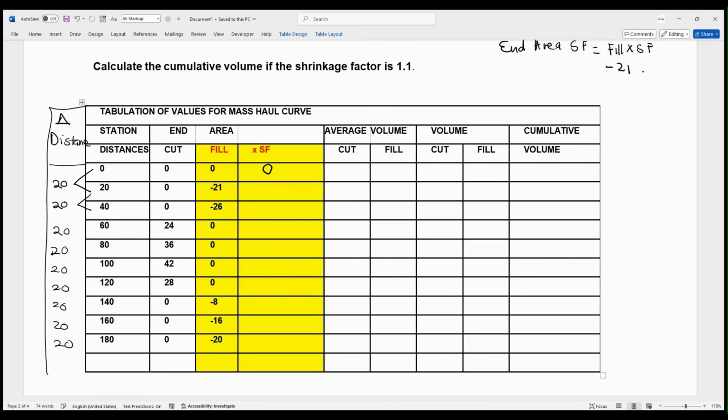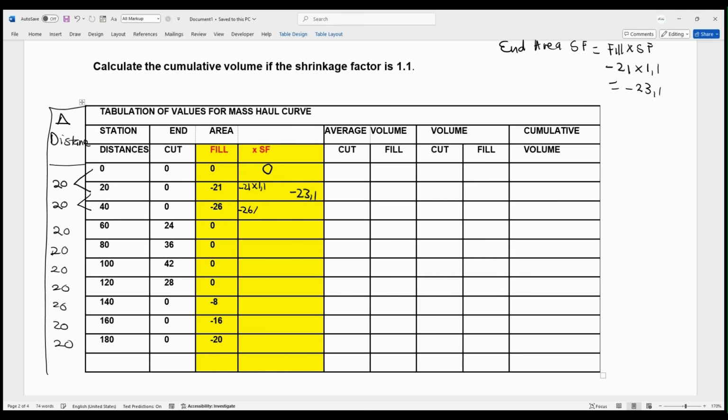For example, negative 21 times 1.1 gives negative 23.1. That is the answer you write here.